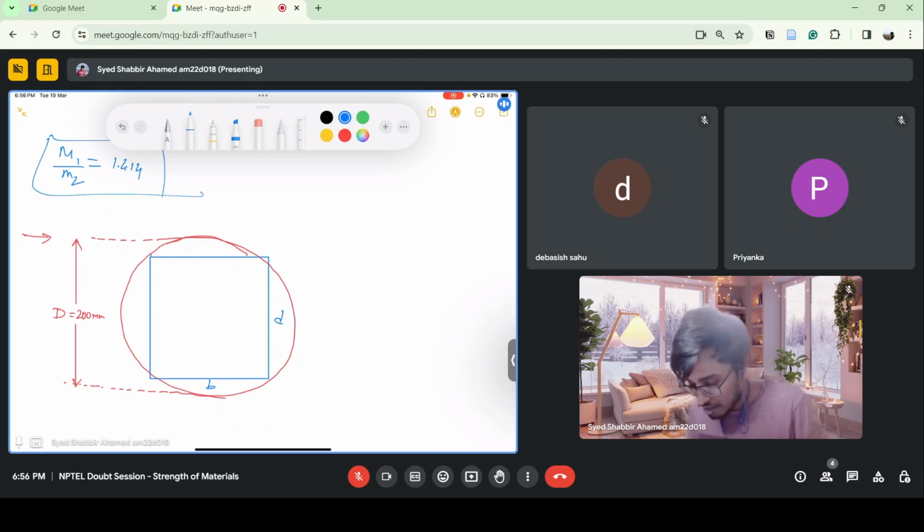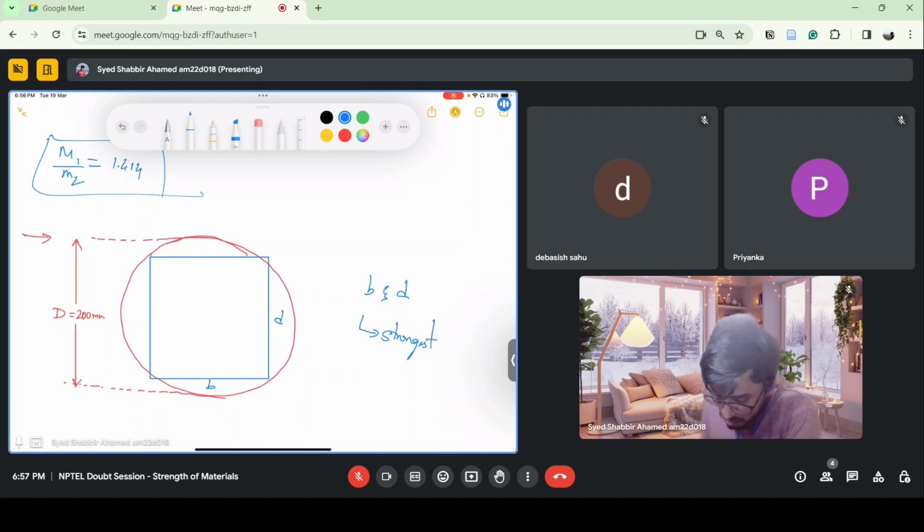So we have to determine the value of b and d such that the beam which is made from this cut out rectangular section is the strongest possible in bending.